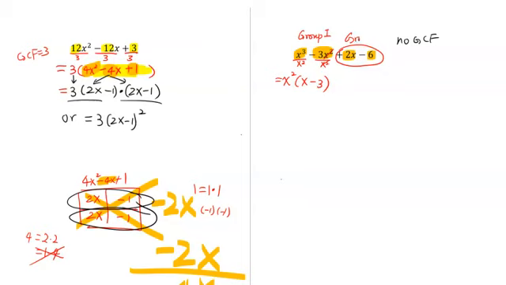Now let's factor group 2. 2 and 6, they both have 2 in common, but it's a positive 2, so don't forget there's a plus sign joining these two groups. So we're going to take out a 2 and divide both of them by 2. So again, minus 3. 6 divided by 2 is 3. And now we're not finished yet because we still have a plus sign here.